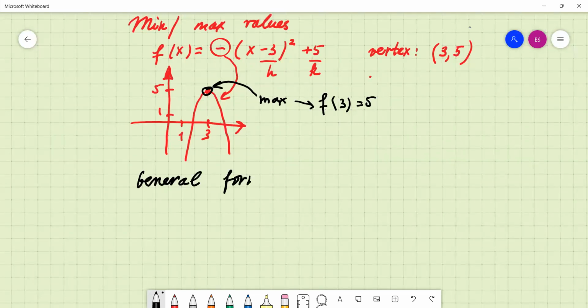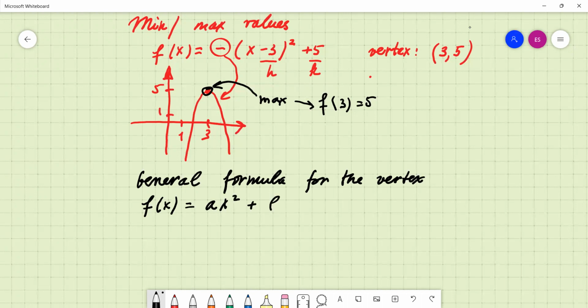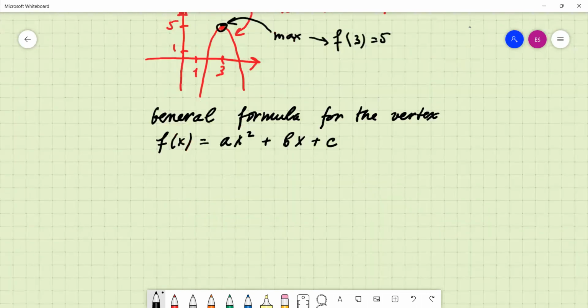General formula for the vertex. Okay, I'm going to write down a general parabola. This general formula is going to look very much like the quadratic formula. What I'm going to do, guys, is repeat the very same steps I was doing before with numbers, but now with letters.